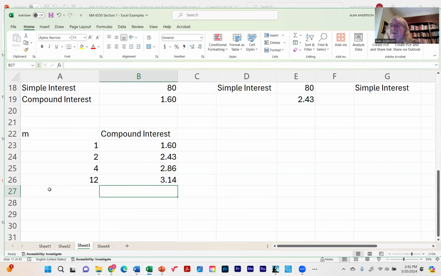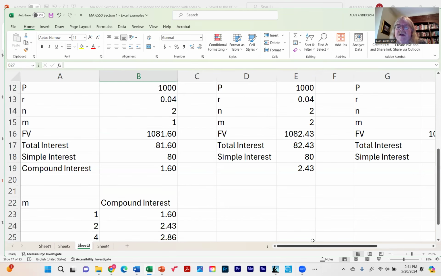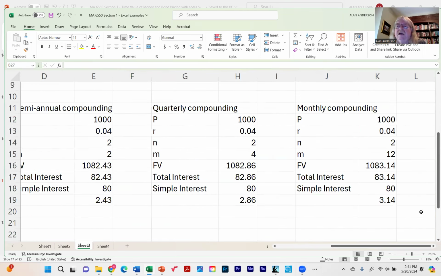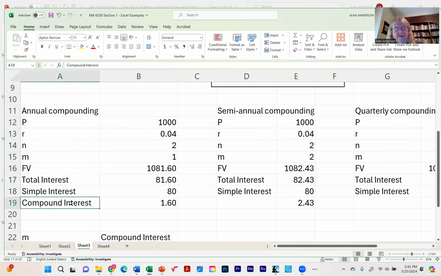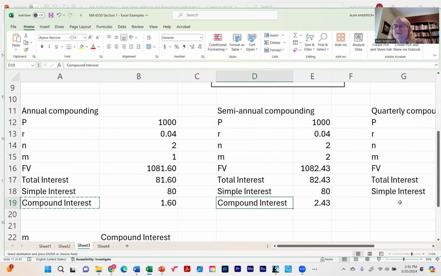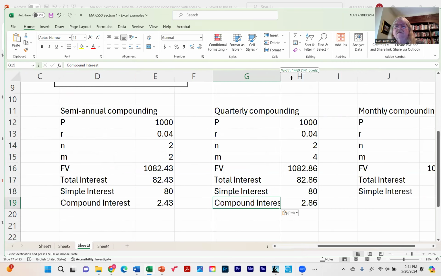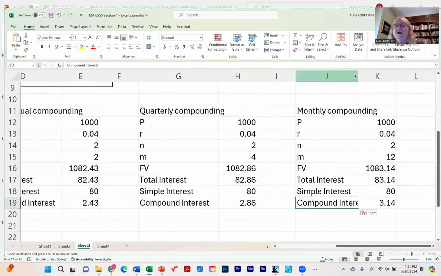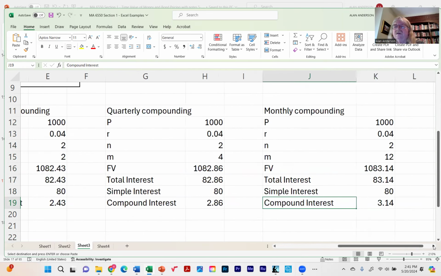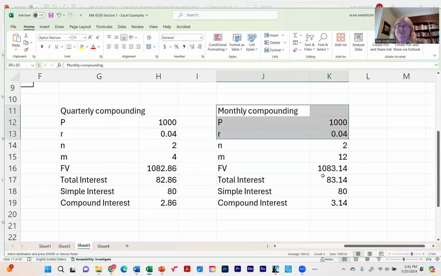So if I kept increasing the compounding frequency, let's say to daily, the compound interest will go up even further. So in fact, why don't we do that just out of curiosity. Oh, I forgot to label these. All right, let's just do one more, even though the slides didn't ask us to do this.